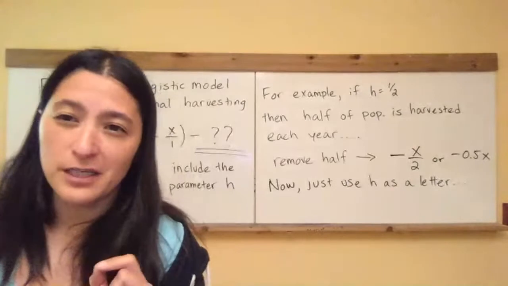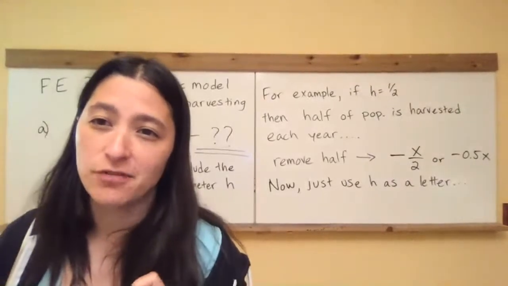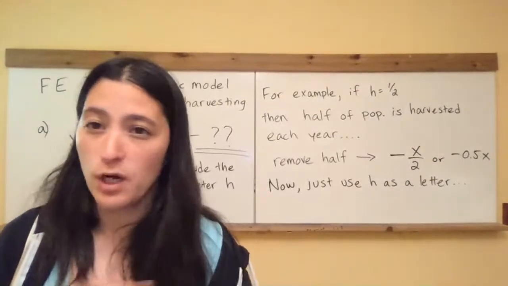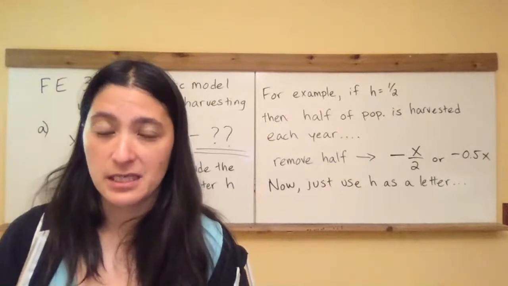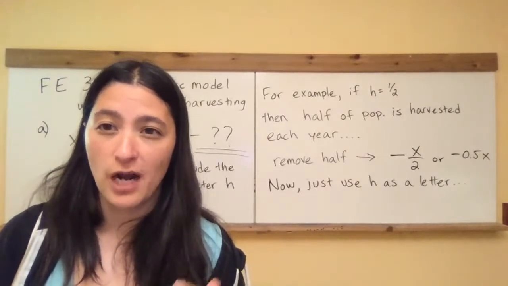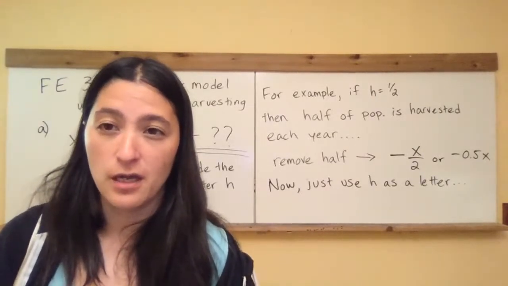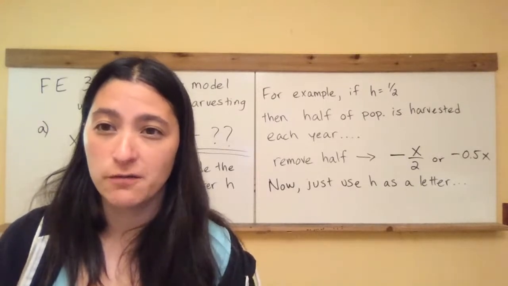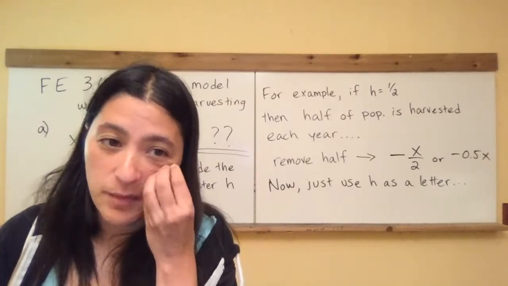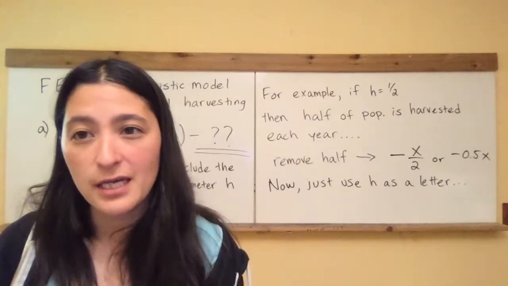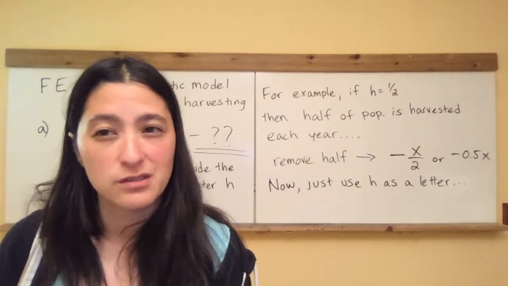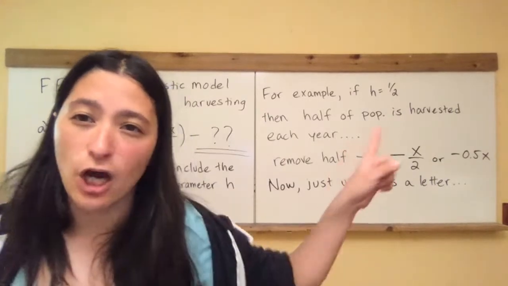The tricky part here is that h is already in a fraction form. So you don't want to do h divided by x, because then you would be doing fraction over fraction, okay? So just watch out for that, because I see that there's kind of a battle between whether we want to multiply x by h or whether we want to divide x by h. H is already a fraction.